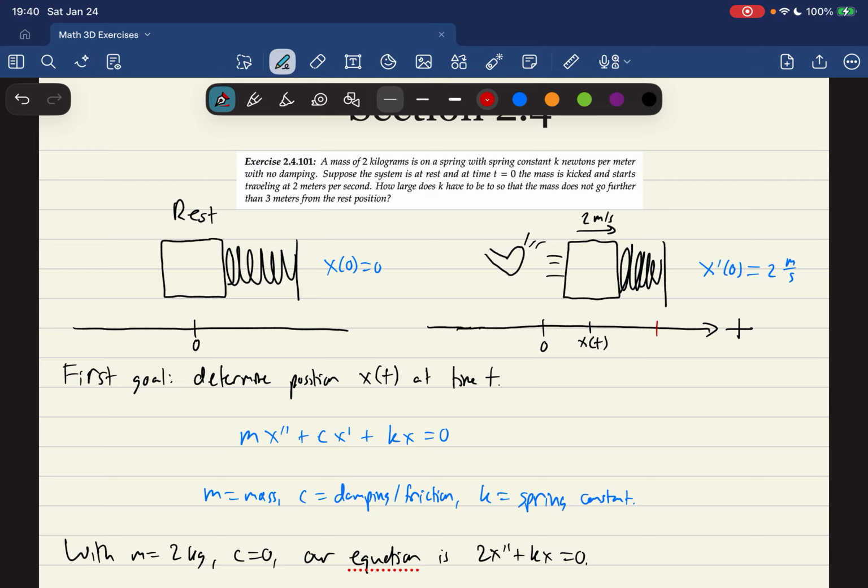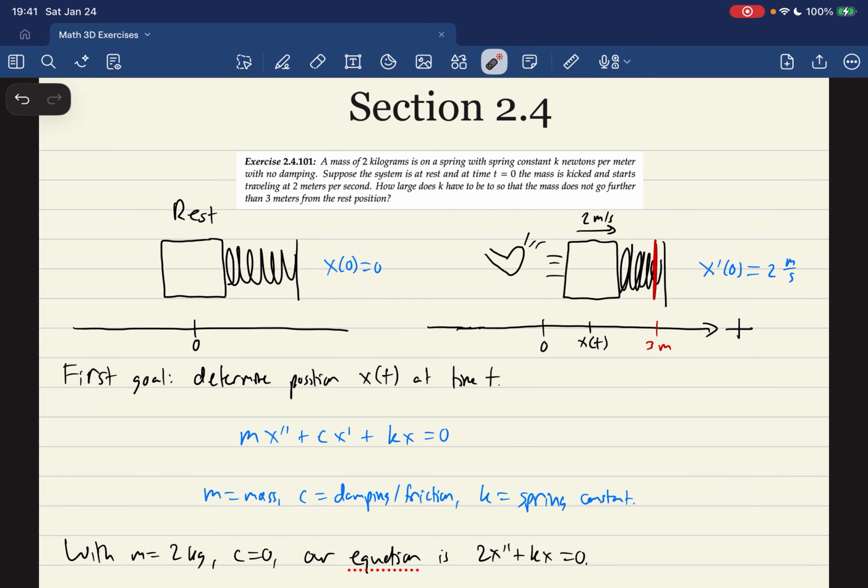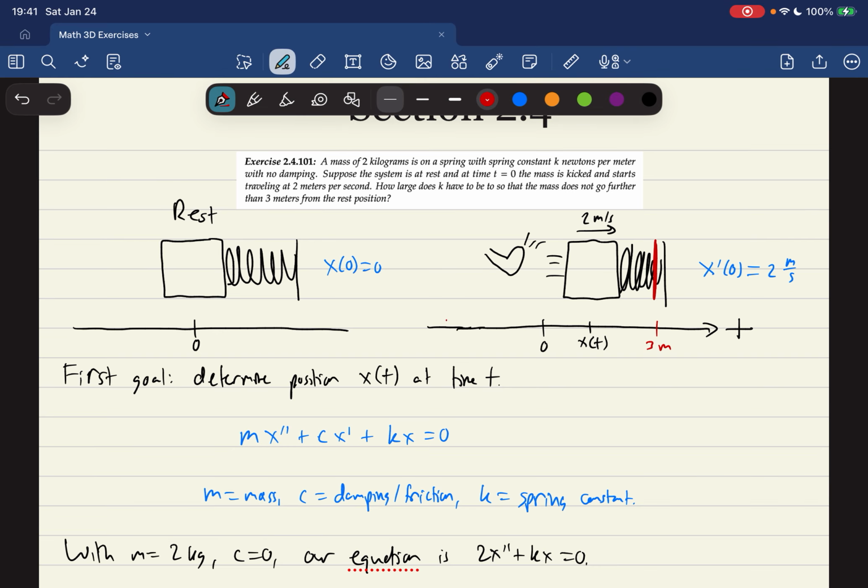So assuming, for example, that this is 3 meters, our block cannot go past this line. But when the spring pushes it back this way, then if this is negative 3 meters on our number line, our block cannot cross this line over here either.